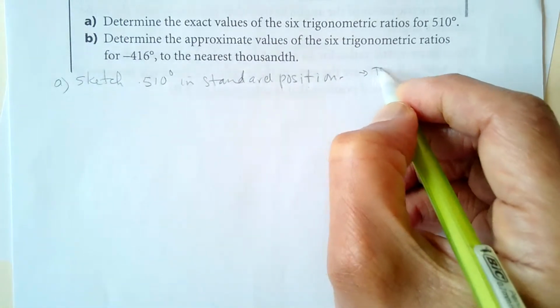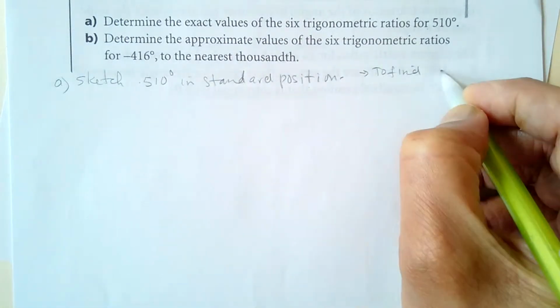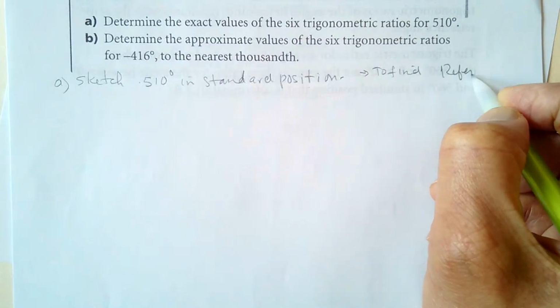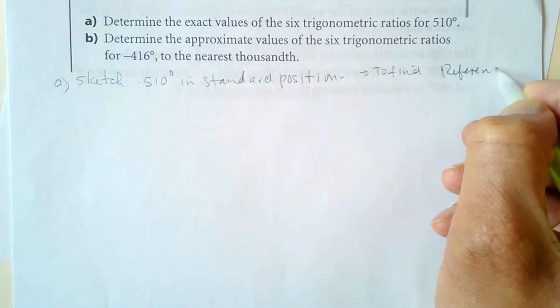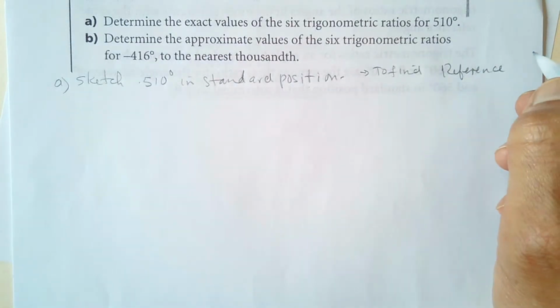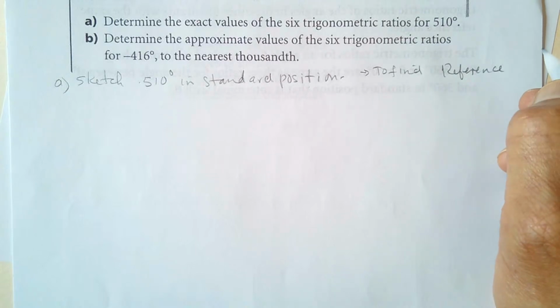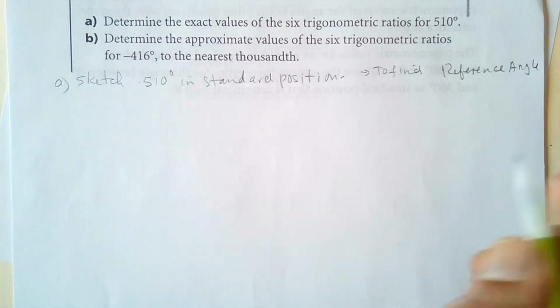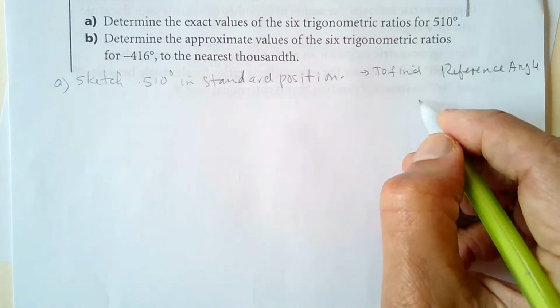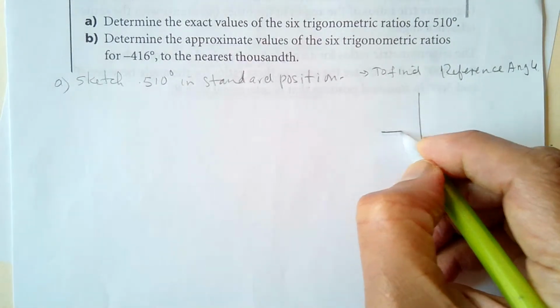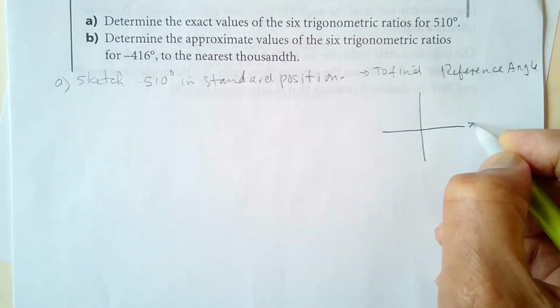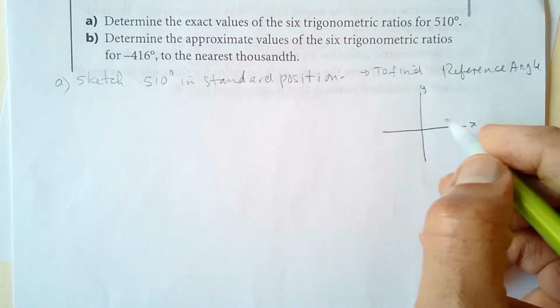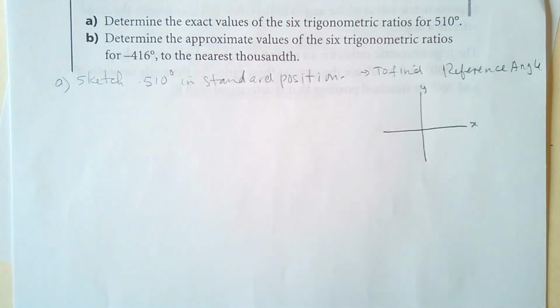So to find our reference angle, R-E-F-E-R-E-N-C-E, reference angle. Let's set up X and Y coordinates. This is my X, Y. Now 510 degrees.